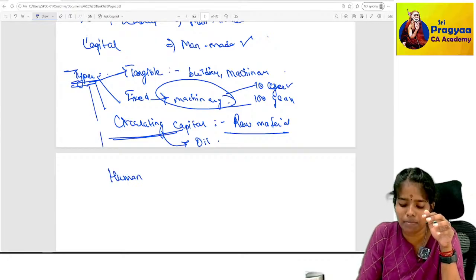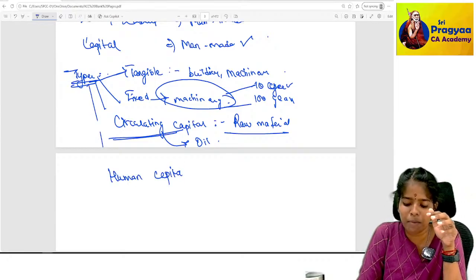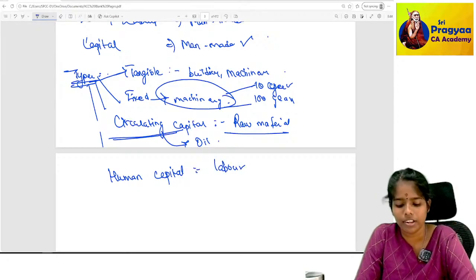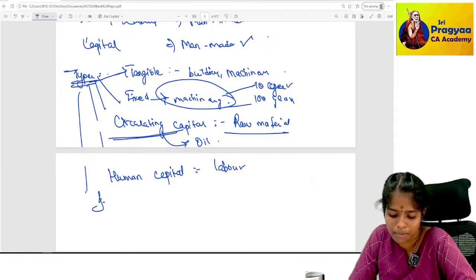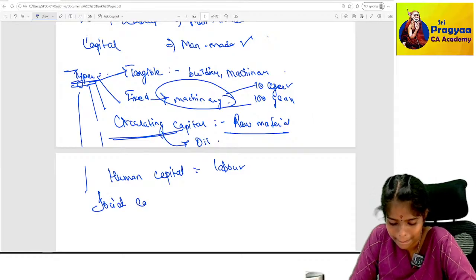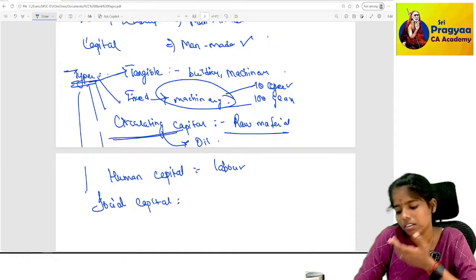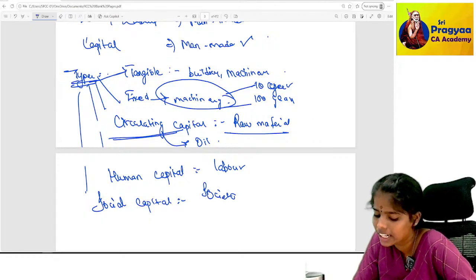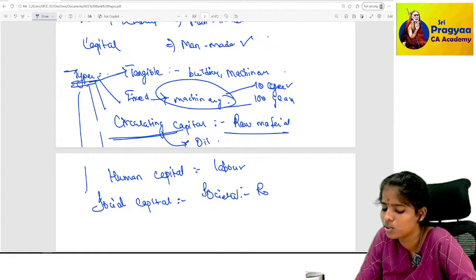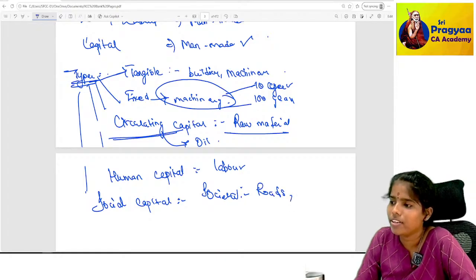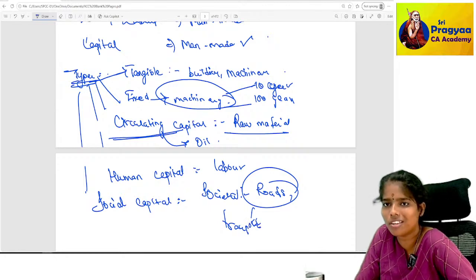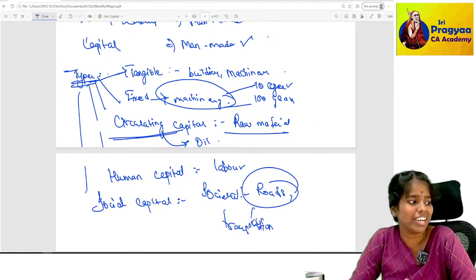Next, human capital. Human capital is the labor of the organization, labor strength. Next, social capital. Social capital means the societal benefits that a company enjoys. For example, roads. Roads are used for transportation purpose, correct? Transport பண்ணனும்னா road இருந்தாதான் the company can transport via road.